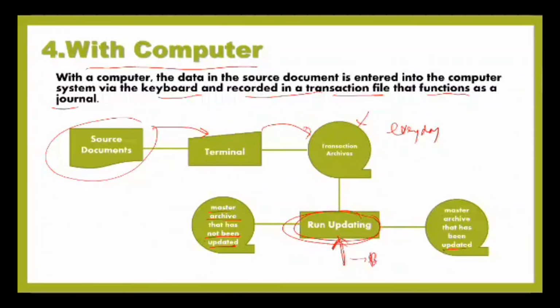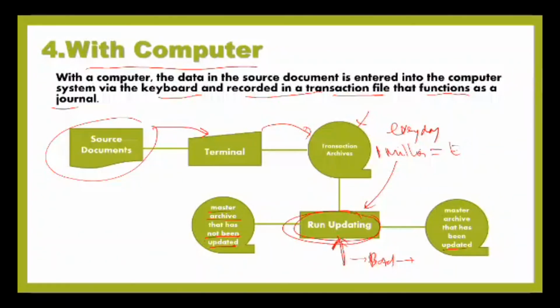But if you want to run it in batch, in batch means you can do it each week or every 2 days, depending on how many transactions you have to record. If for one day you have to record about 1 million transactions, you have to run updating every day, because it will be very difficult to run updating every week.